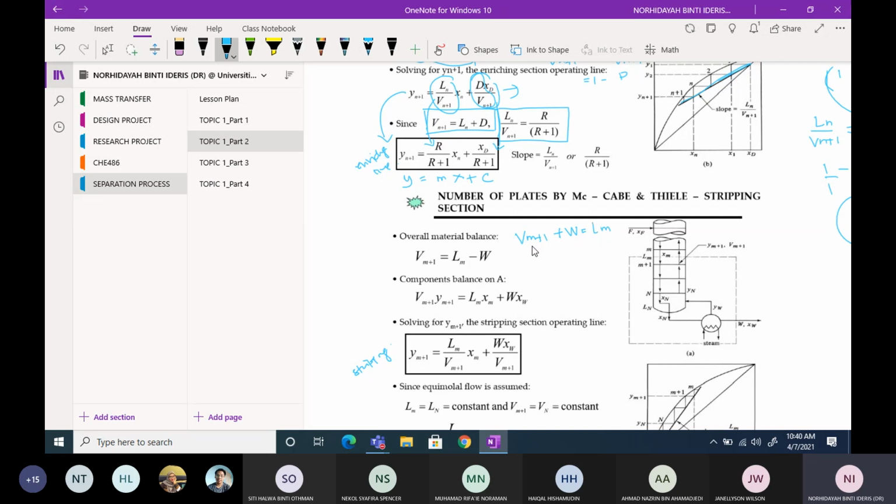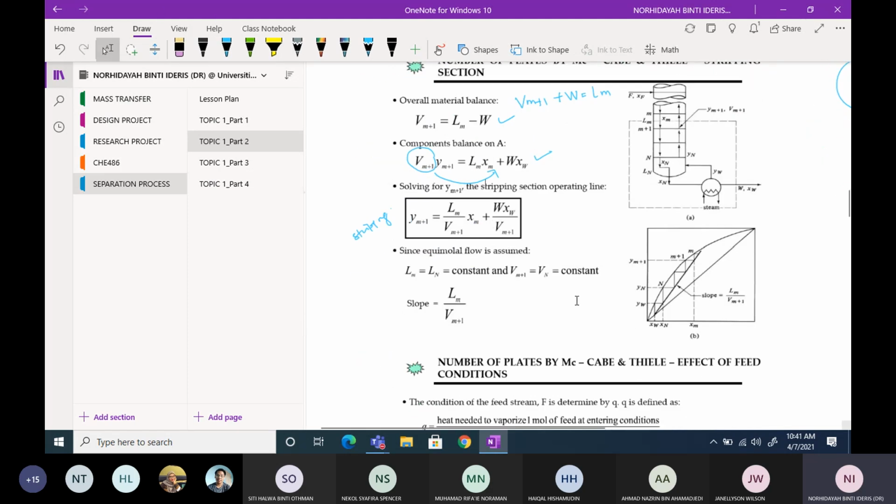That's why Vm+1 is actually Lm minus W. This is the components balance, just multiply it with the mole fraction respectively. You make the arrangement, bring this Vm+1 to the right hand side, and you will get also a straight line, the stripping line, which is y equals mx plus c.